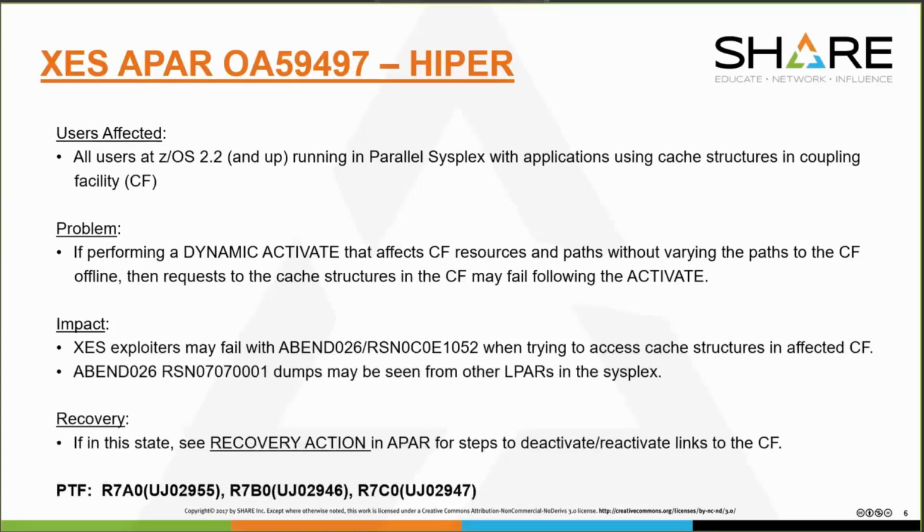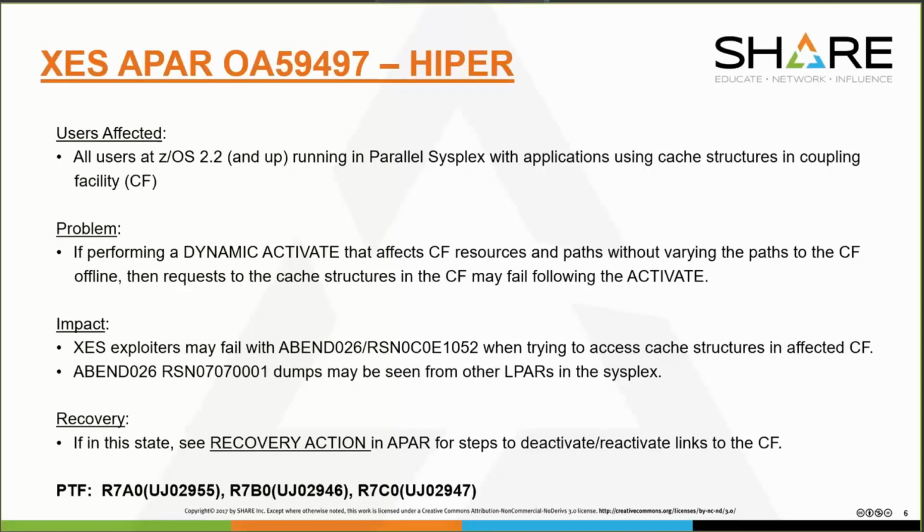The third APAR I want to highlight is SES APAR OA59497, which again is marked HIPER, and this affects all z/OS users running z/OS 2.2 and higher releases in a parallel sysplex environment, specifically where there are applications using cache structures in a coupling facility.